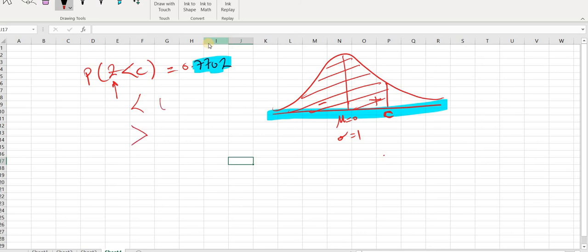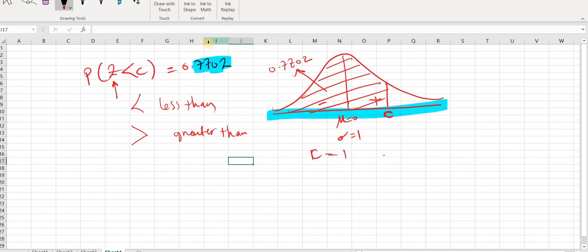So this is less than, and this is greater than. All right, now, all we need is here. We have the mean, we have the standard deviation, and we have the area, which is 0.7702. And we can find C using the inverse function.